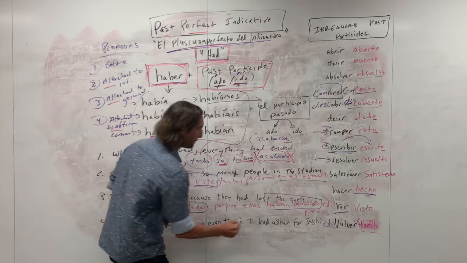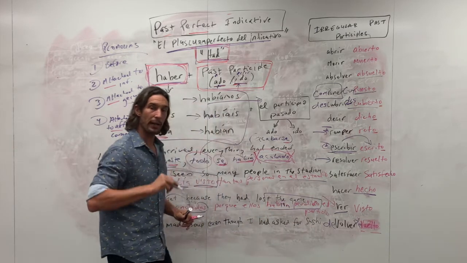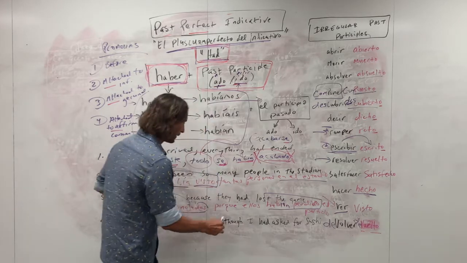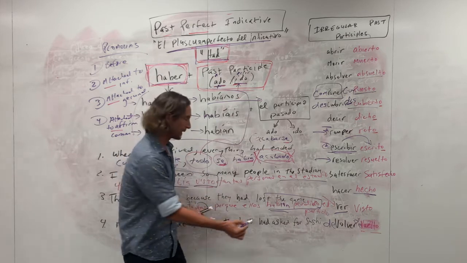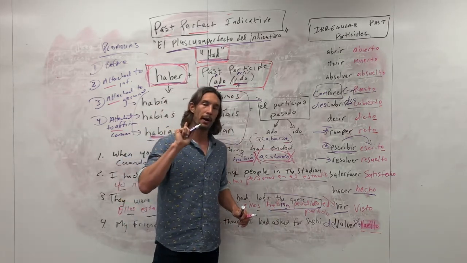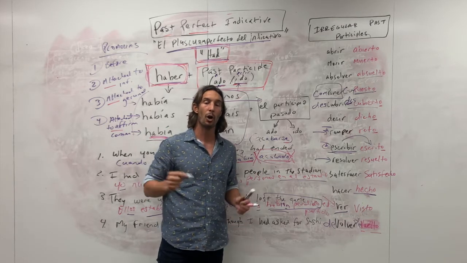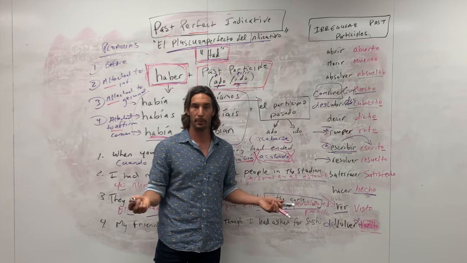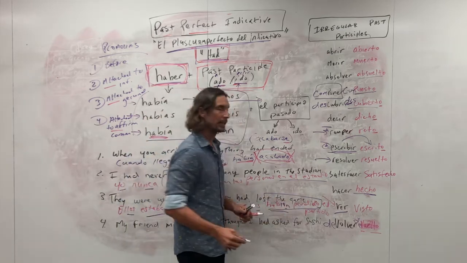So habían perdido. Now, again, just to reiterate, we have ellos habían perdido. I recognize that it's ellos, and this is plural, but all past participles in perfect tenses end with the letter O, irrespective of number and gender. And so that's why you have here, ellos habían perdido el partido.